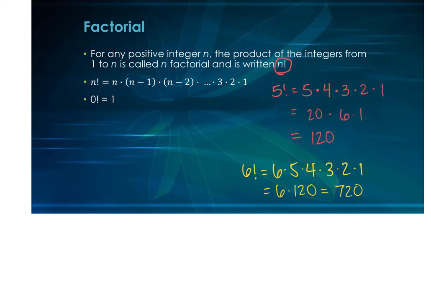Now, the only one that's a little weird is 0 factorial. Normally we think 0 factorial should be 0 times nothing, right? 0 factorial is weird. It's always equal to 1. There's no shortcut around that. You just have to memorize that, okay? 0 factorial is always equal to 1, not 0. Got it?